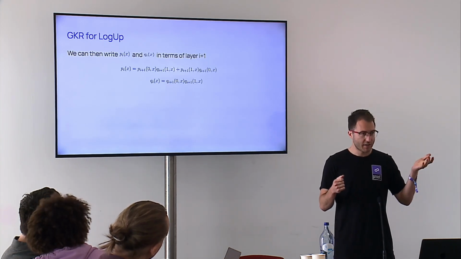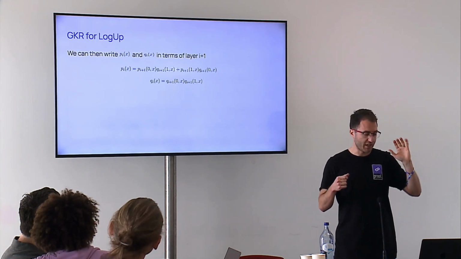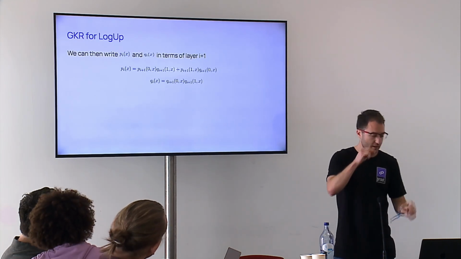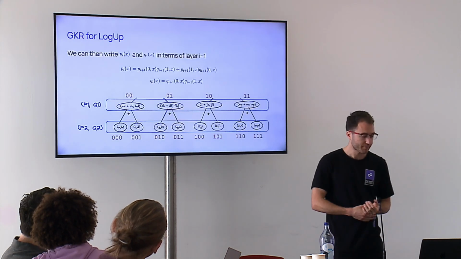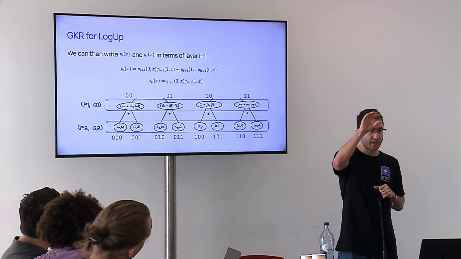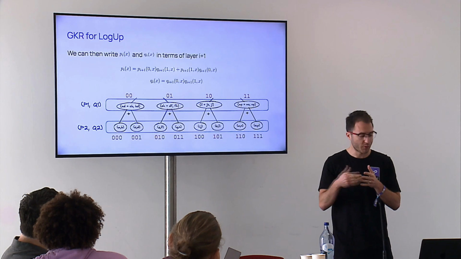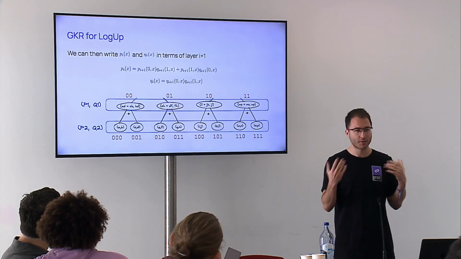So P at layer, let's say 1, is P at 2. And basically, in the next layer, it's the numerator times the denominator plus the numerator times the denominator, like left, right.